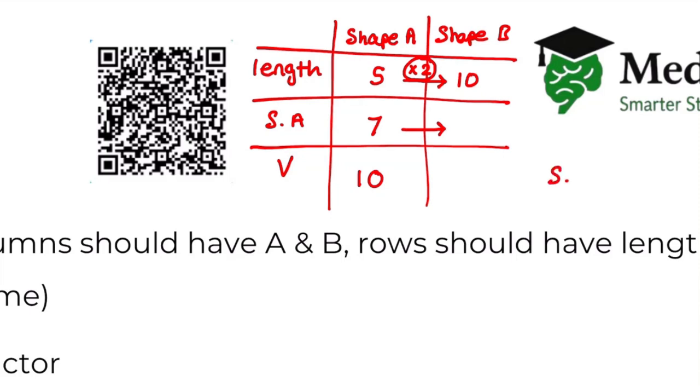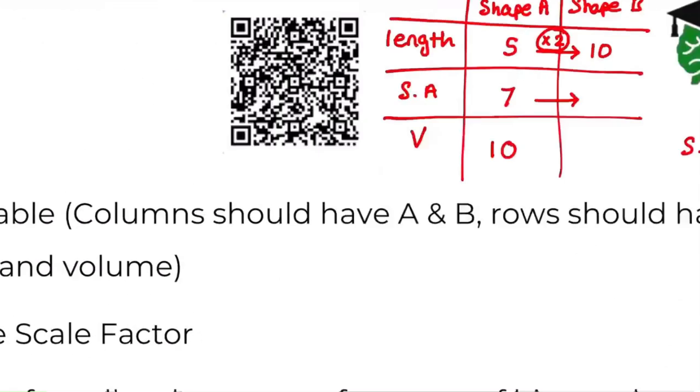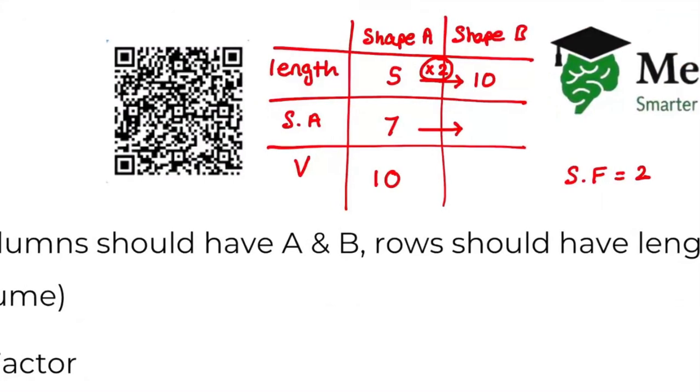So you know that the scale factor is 2 in this case, as you can see, because 5 to get to 10, you multiply by 2. To get the surface area, you have to multiply by the scale factor squared. So you have to multiply by the scale factor, which is times 2, and you square it. So you're basically multiplying by 4 instead.